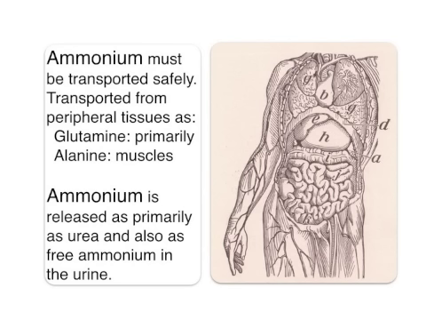And so now we're going to talk about nitrogen flow in the body. Now, first of all, ammonium must be transported safely. It is transported from the peripheral tissues primarily as glutamine and is also transported as alanine from the muscles during the breakdown of branched-chain amino acids. Now, ammonium is released primarily as urea and also, to a lesser extent, as free ammonium in the urine.